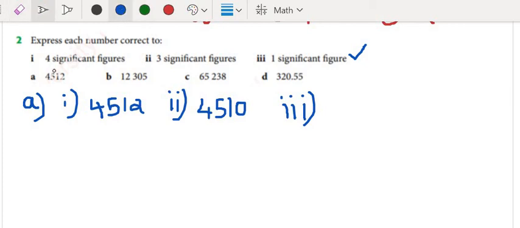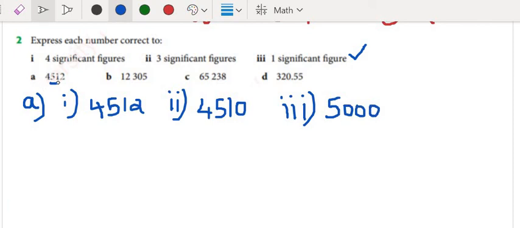We have to see the second digit of this number. The second digit is 5. So we need to add 1 to the first digit. It becomes 4 plus 1 is 5. So the one significant figure answer is 5000.